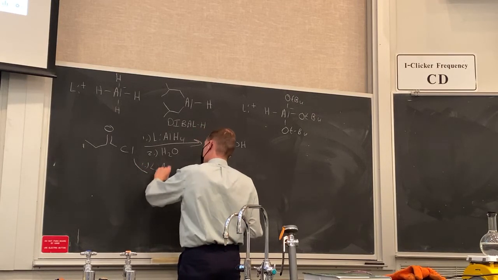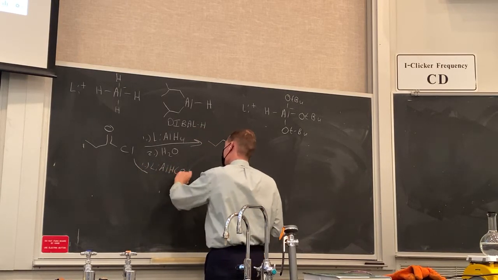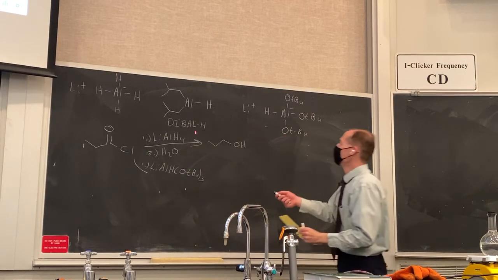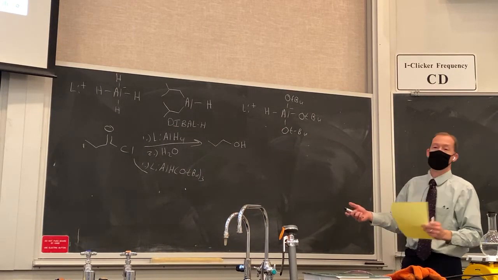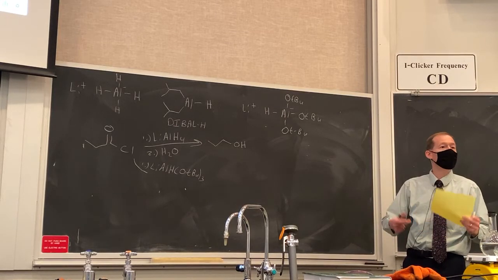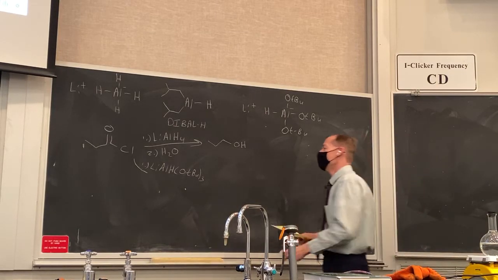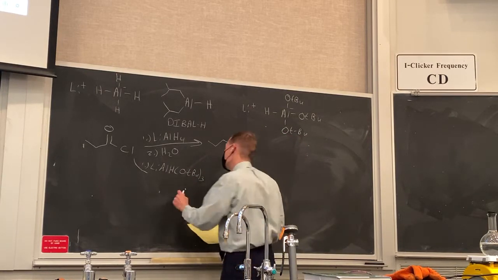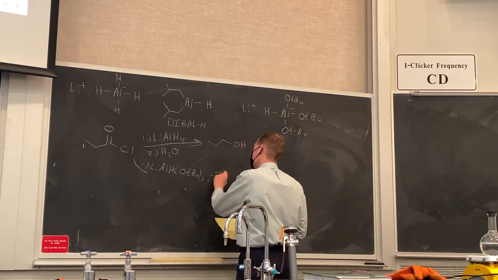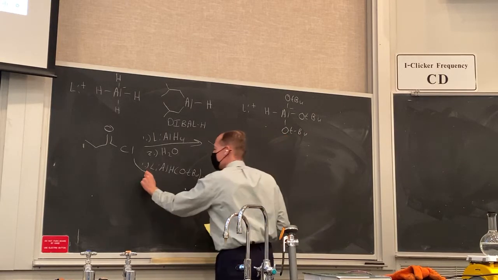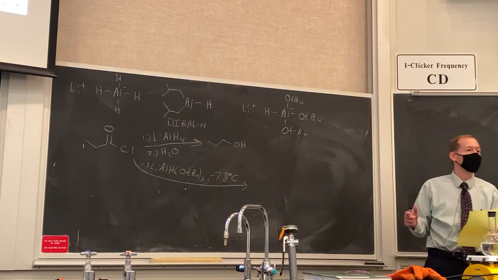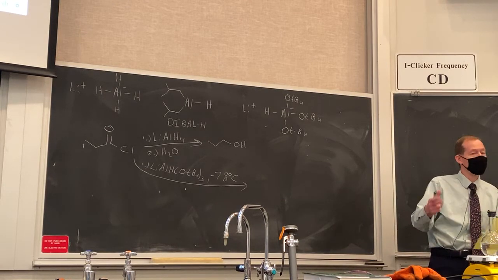However, if we use lithium tri-tert-butoxy aluminum hydride or DIBAL, these 2 reagents are interchangeable. So when we can use one, we can always use the other. So I just randomly chose tri-tert-butoxy aluminum hydride. We could have chosen DIBAL. Okay? The book doesn't tell you this, but you need to perform this reaction at a very low temperature. And I'll explain why in a moment.